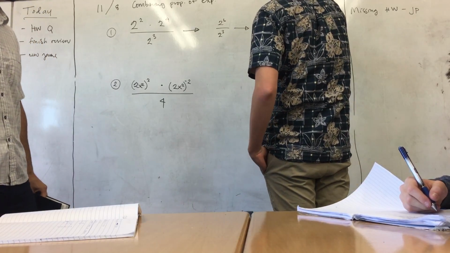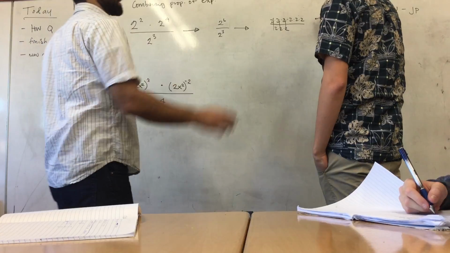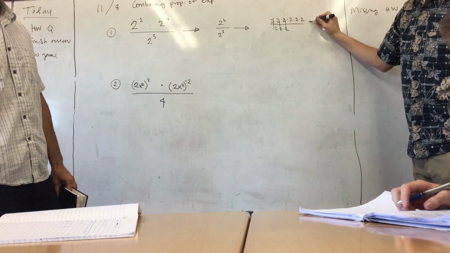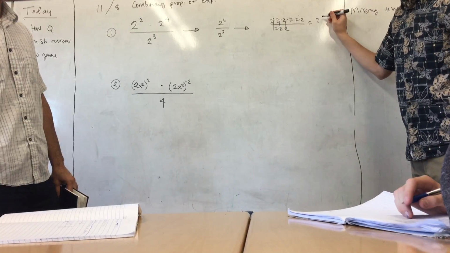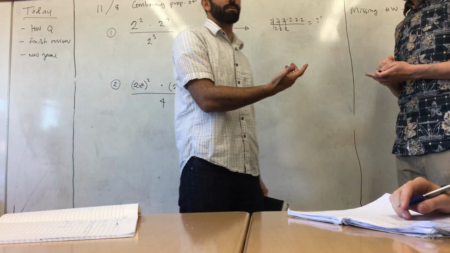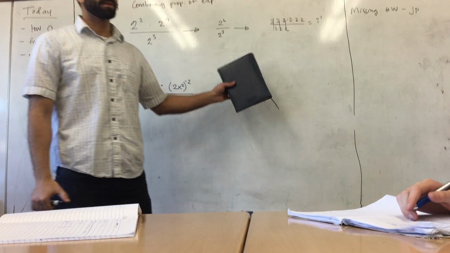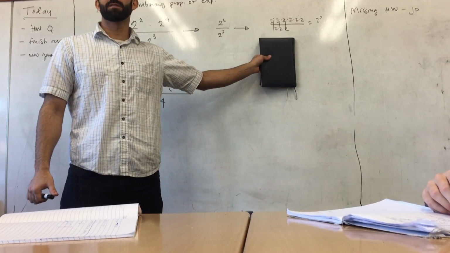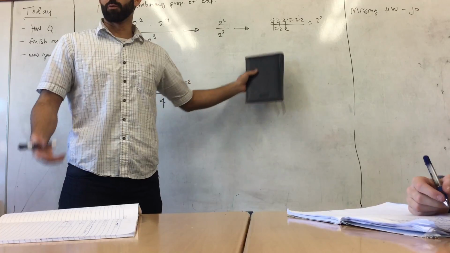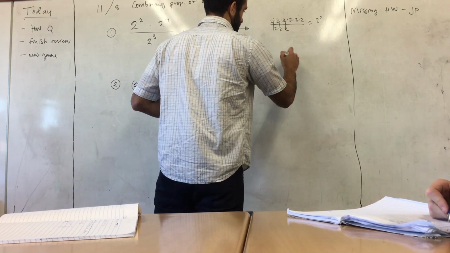Then three 2s cancel, and that is equal to 2 cubed because of those three. Did everyone see what he did? See how we got there? Oh, I get it. The rule you guys wrote yesterday was this.